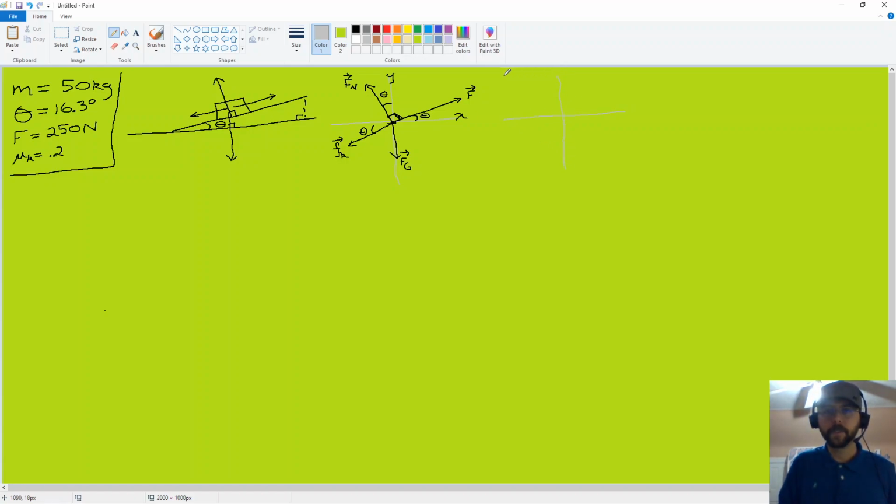Okay, so these are axes again. Once again, this is still x, y. But let's shift these so that this is the pushing force. This is the force of friction. These are obviously not to scale. The force of friction has to be smaller since we're moving.